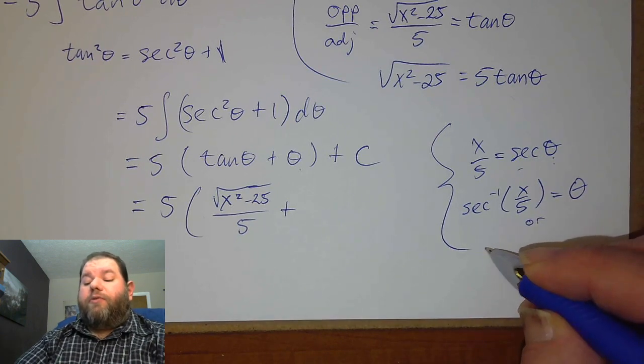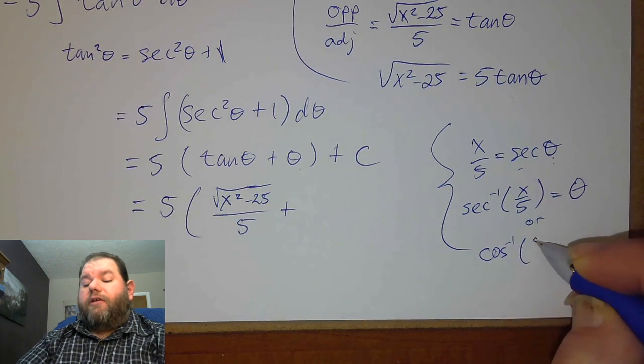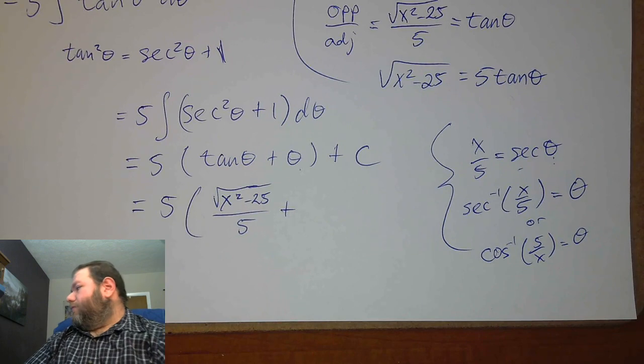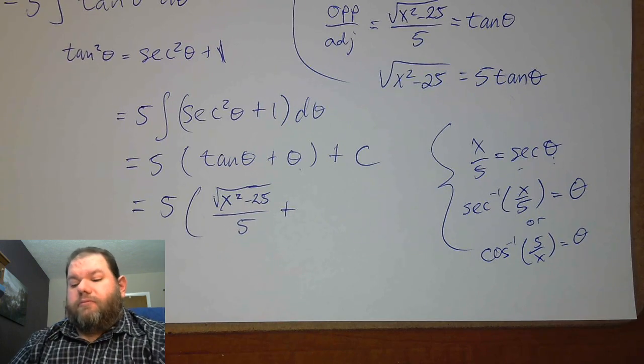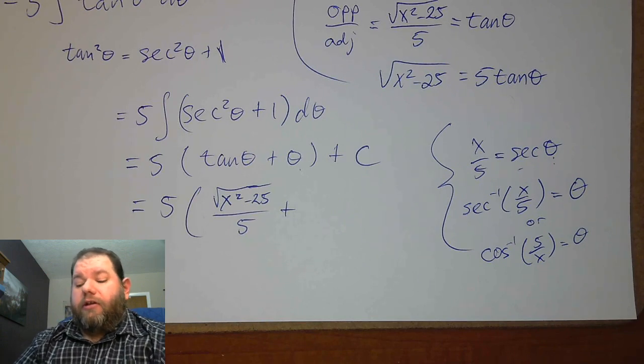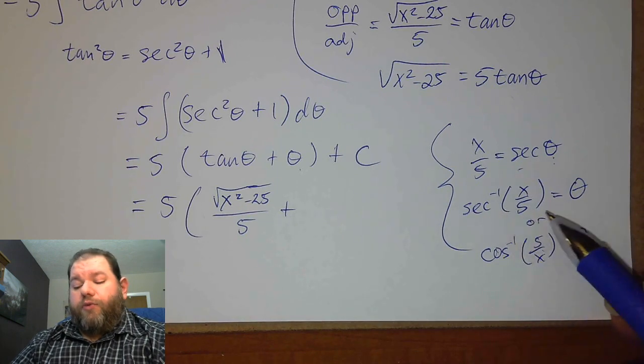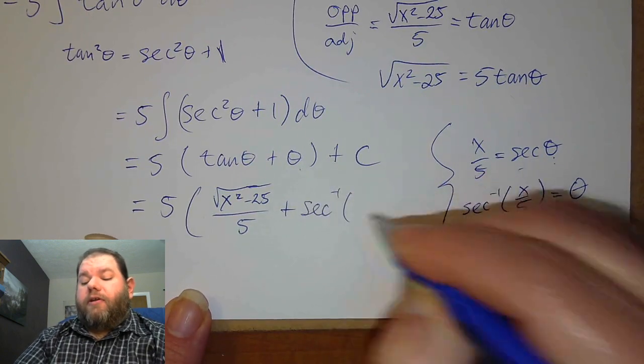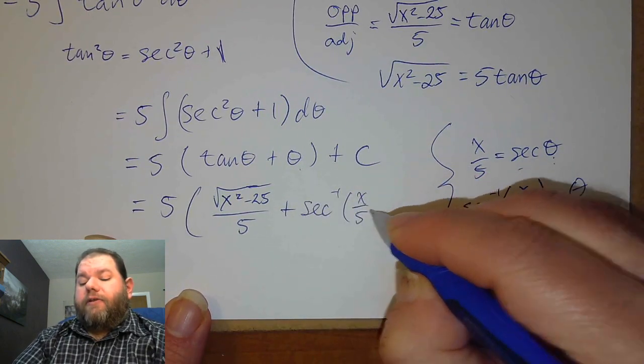If we like, we could change that to the inverse cosine of 5 over x. Again, due to the reciprocal nature of secant and cosine, we would just flip over those terms inside. So we could use either one of those. If we want to go ahead and write inverse secant of x over 5, that is entirely applicable.